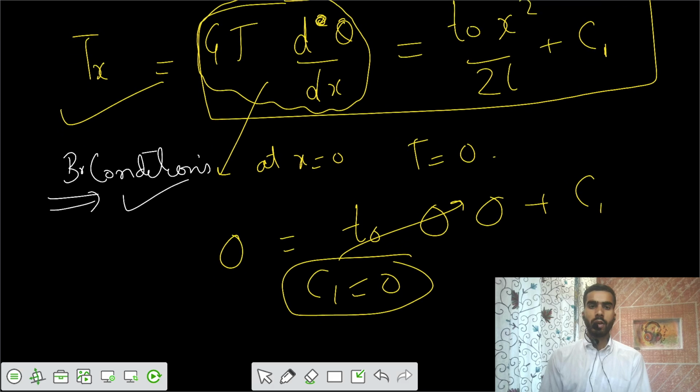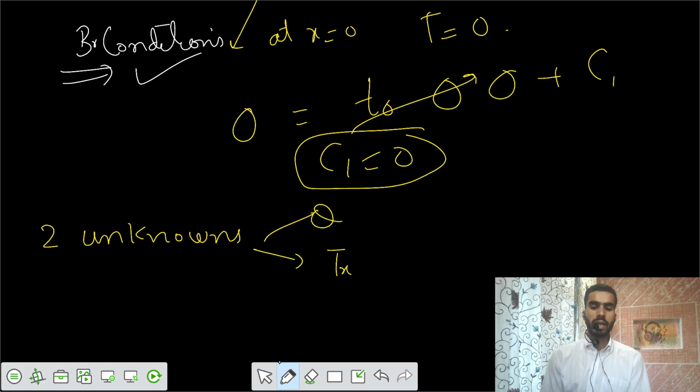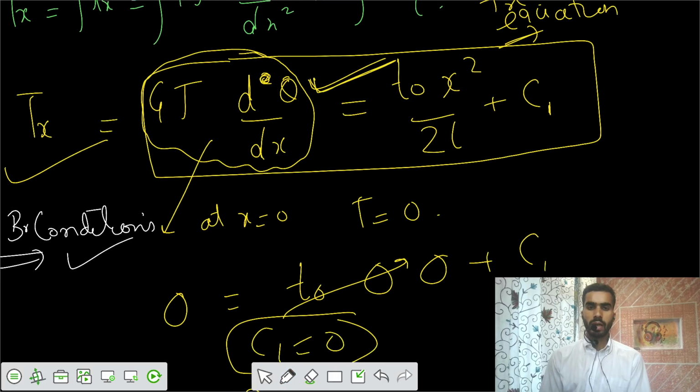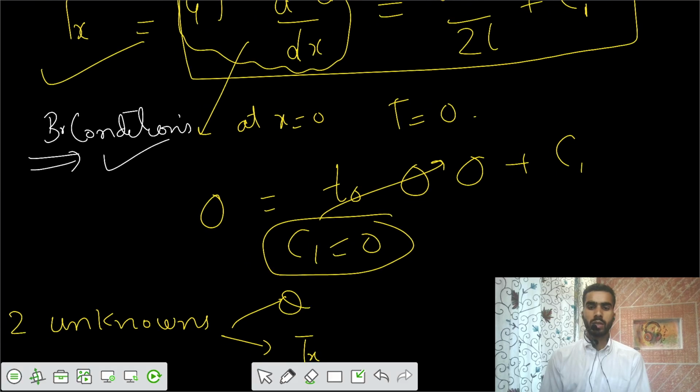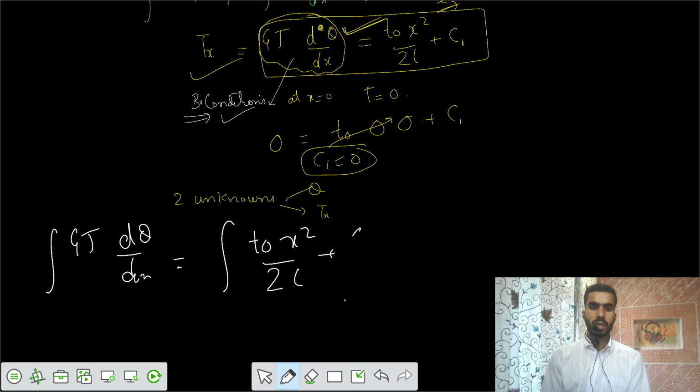If we need two variables, we have two unknowns. One is your theta, and the next one is your torque at any x. Based on this equation, we have two unknowns in one equation. So if I integrate it once more, similar to Macaulay's equation and double integration, I would write integral of GJ d theta by dx equals integral of T naught x squared by 2L plus c1.